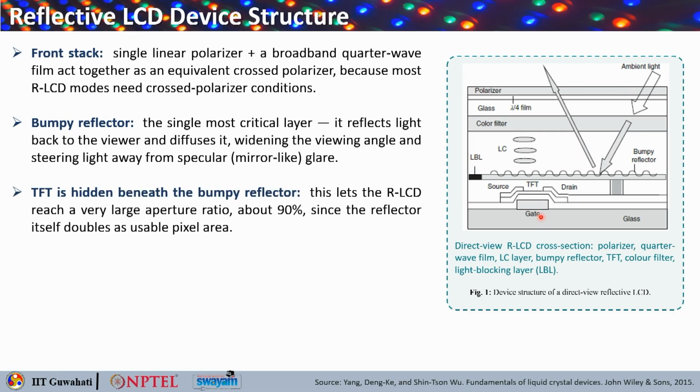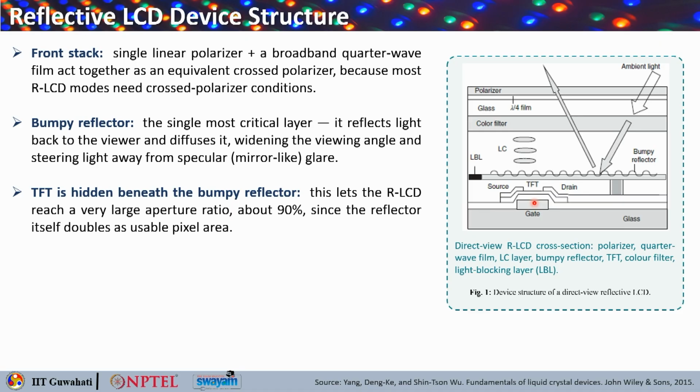Okay. And then beneath this bumpy reflector, the TFTs, thin film transistors, are basically hidden. So, this basically lets the reflective LCDs reach a very large aperture ratio of about 90%, because you do not need to waste space for the TFT separately, it can be hidden beneath. Okay.